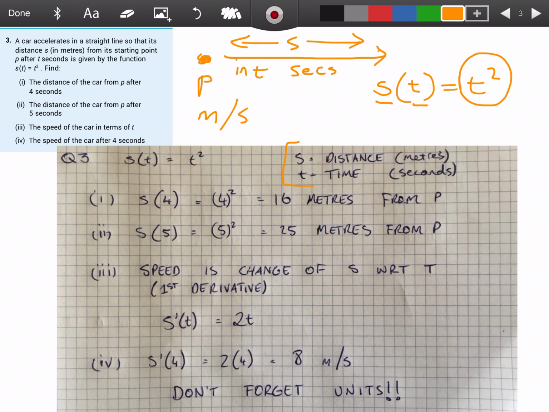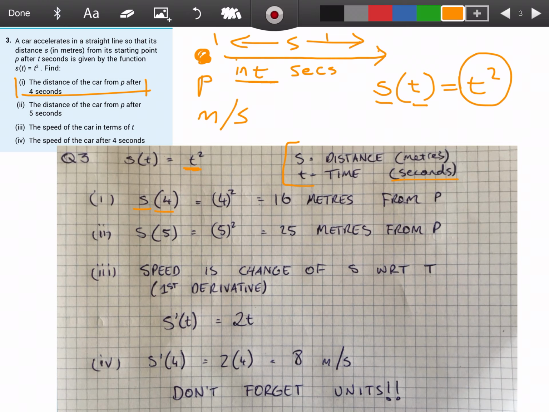Okay, so part 1 asks, find the distance of the car from P after 4 seconds. So I'm at P, and after 4 seconds I want to figure out how far the car has moved. So all I got to do is fill in my t value. So I've got s of 4, because I'm talking about 4 seconds.